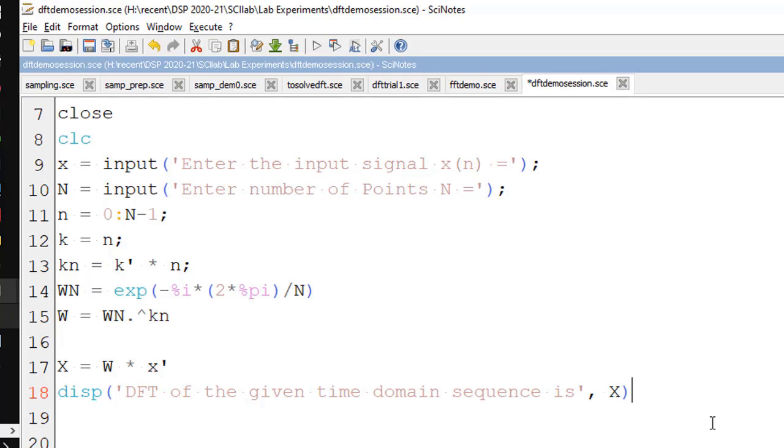Yeah, we have to find the magnitude and phase angle of this X of k, right? We'll do that. It's not that complicated. We have an inbuilt function to do that.